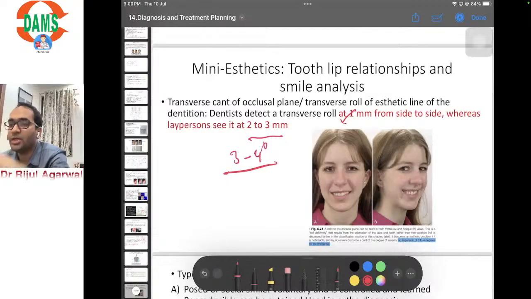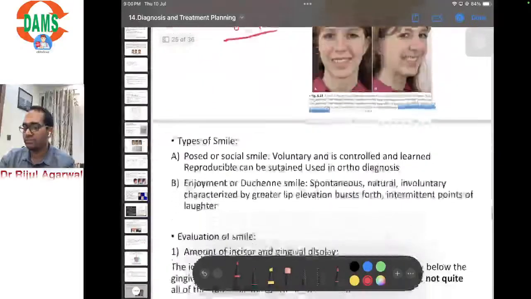What I mean to say is, a dentist can see even a 1 mm deviation, whereas for a lay person it is approximately 2 to 3 mm. So you won't start treating each and every case; if it is 2 to 3 mm, it is satisfactory.